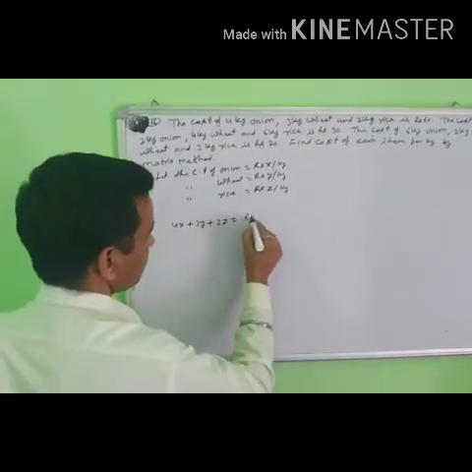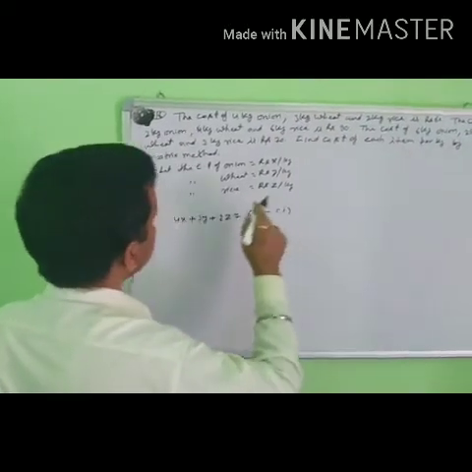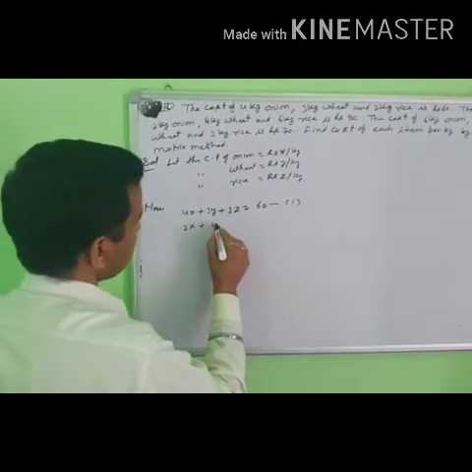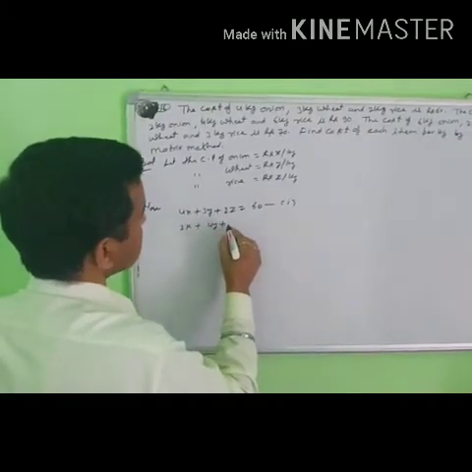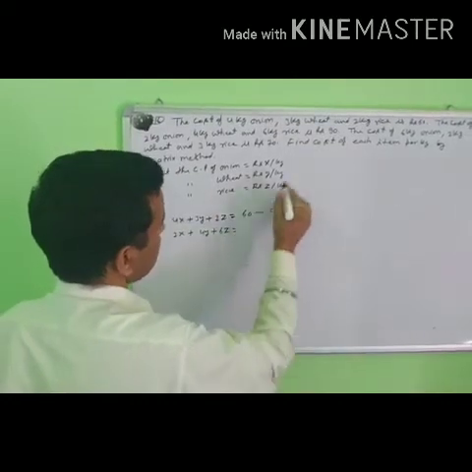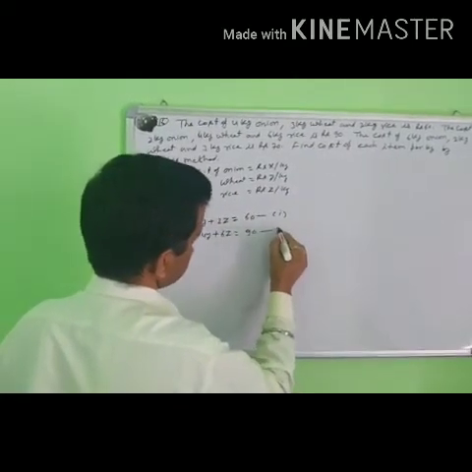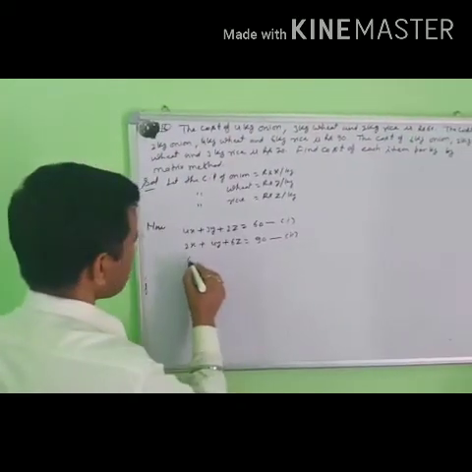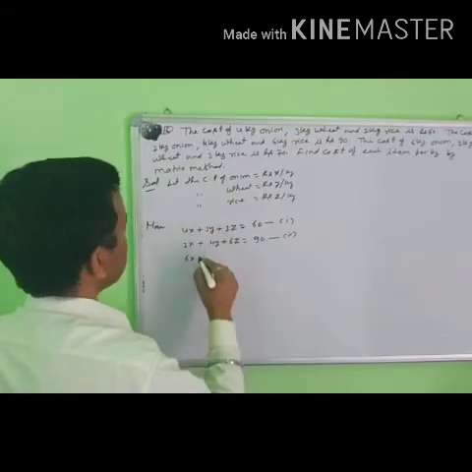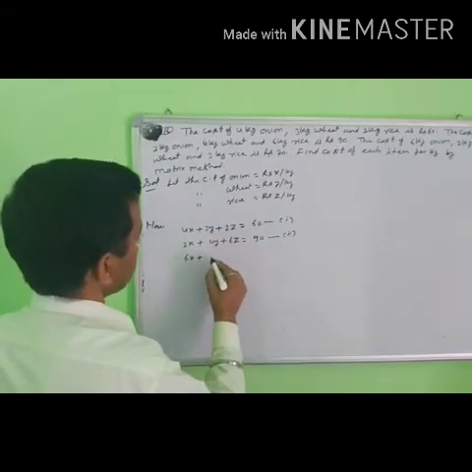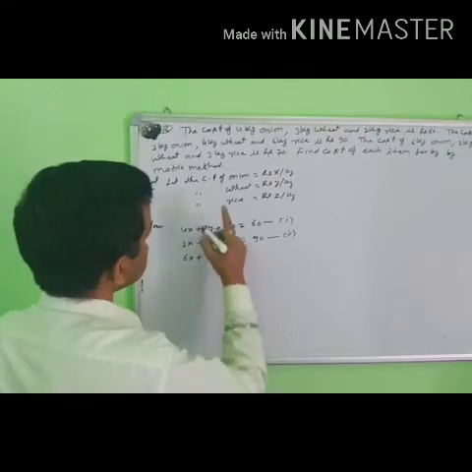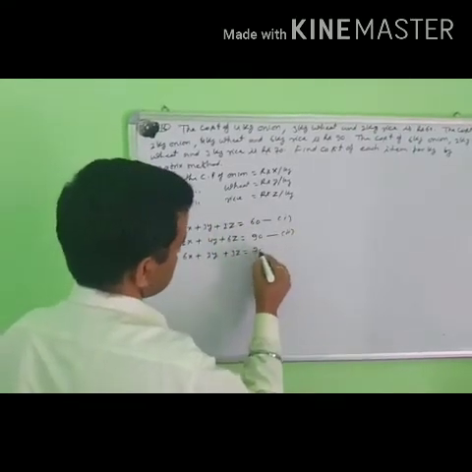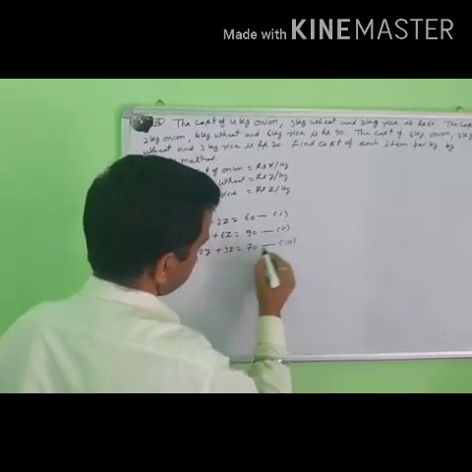This is the first equation. Second equation: 2 kg onion, you need 2x, 4 kg wheat, 4y, plus 6 kg rice, 6z, equal to 90 rupees. Third condition: 6 kg onion, you need 6x, 2 kg wheat, 2y, plus 3 kg rice, 3z, equal to payment of 70 rupees. This is the first, second and third equation.